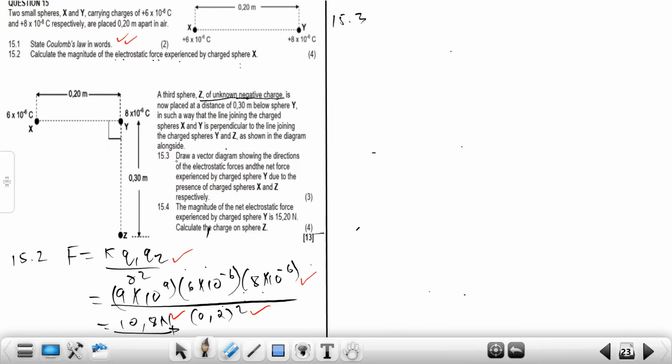Draw a vector diagram showing the directions of the electrostatic forces and the net force experienced by the charge Y due to the presence of X and Z.